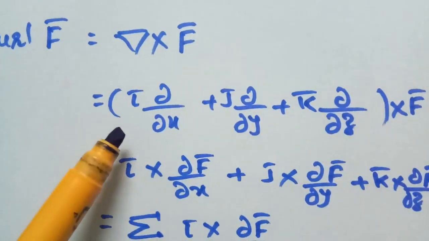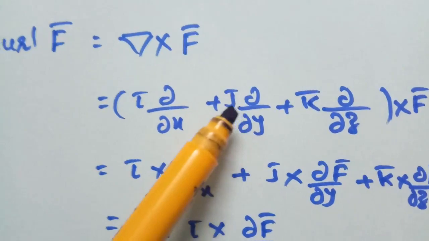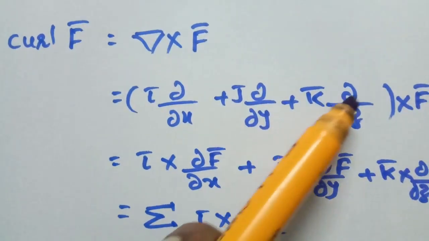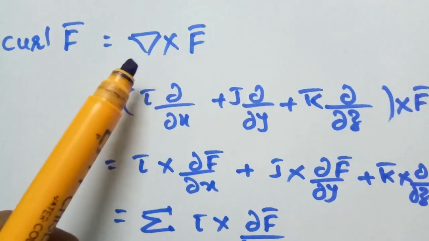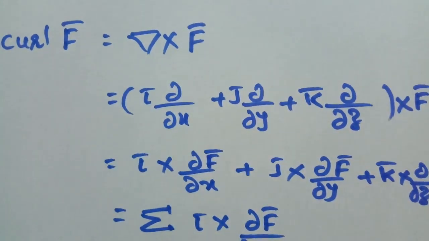See here, component of i bar is dou by dou x, component of j bar is dou by dou y, component of k bar is dou by dou z in the definition of the del vector differential operator.